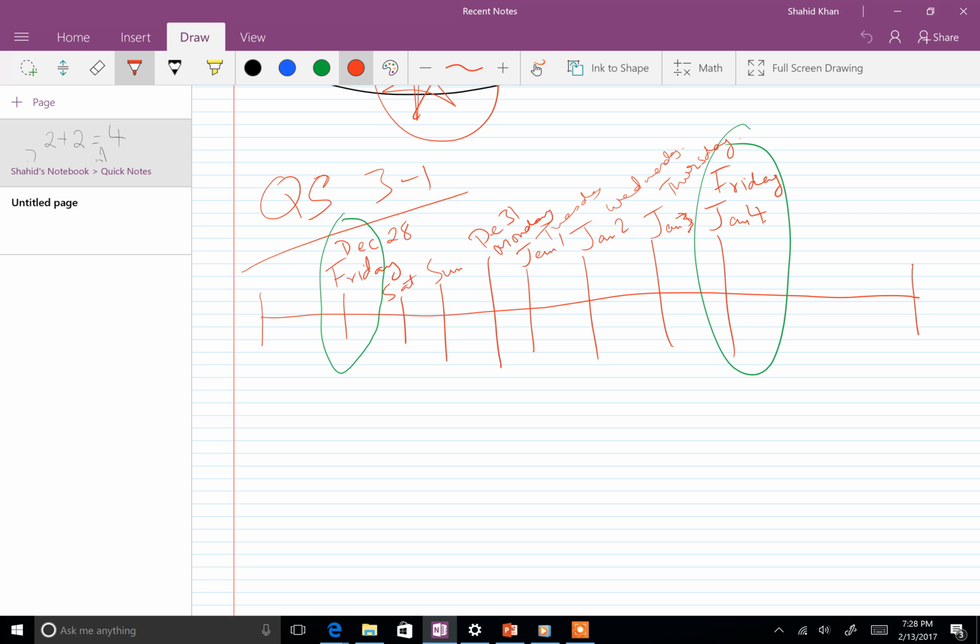So in this problem, which is exercise 3-1, I'm going to explain it to you because now we will apply the concept of accrual, which is about matching revenues with the expenses in their right period.